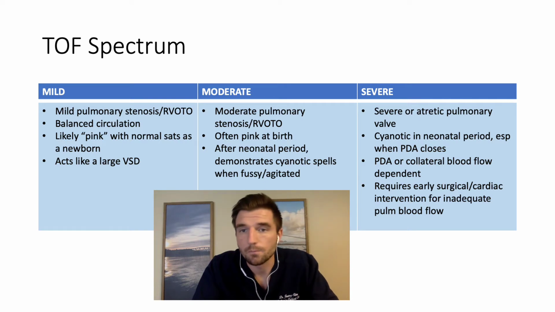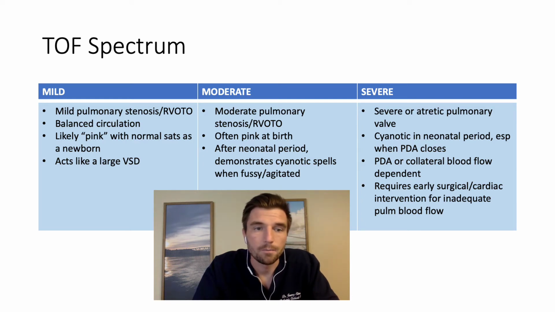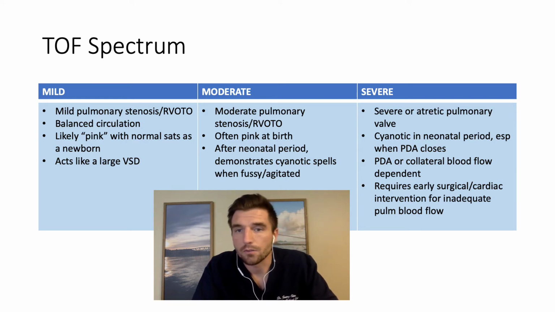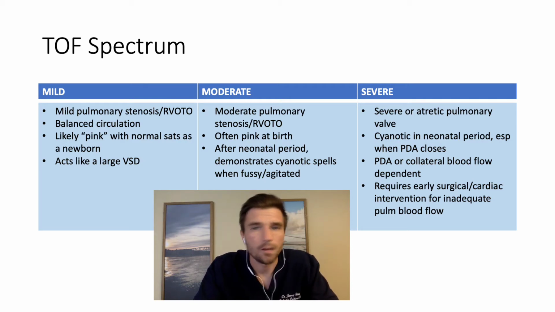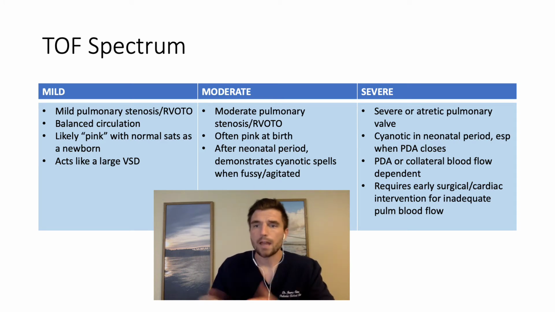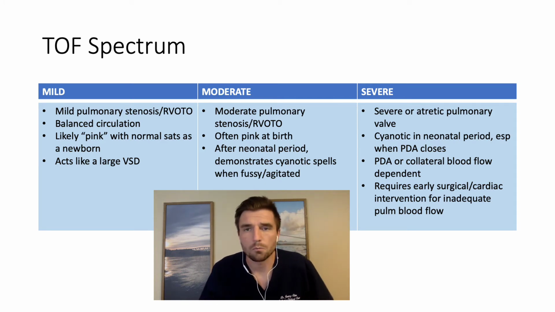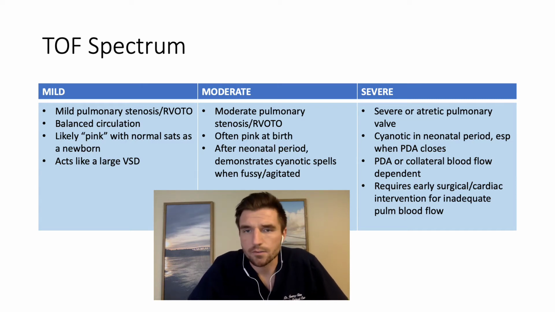So there's still somewhat adequate pulmonary blood flow across the pulmonary valve into the pulmonary artery. And so the child will typically present at 2 to 4 months of life. They're not particularly cyanotic. A lot of times they have normal sats, again, because they have adequate pulmonary blood flow to maintain normal sats. But they will generally present with signs of congestive heart failure.